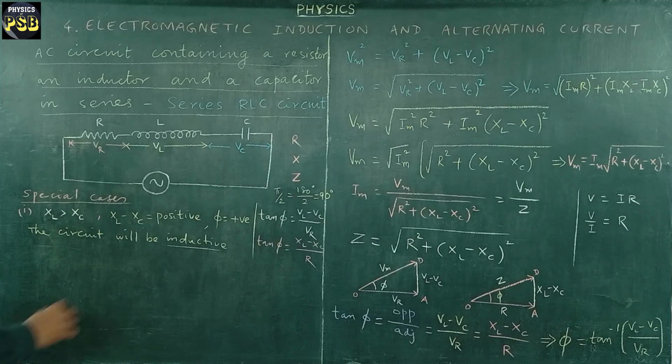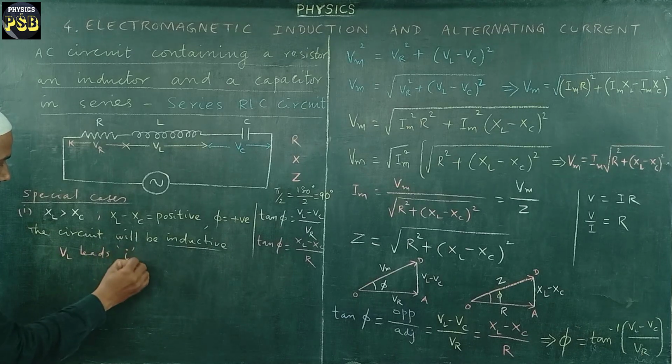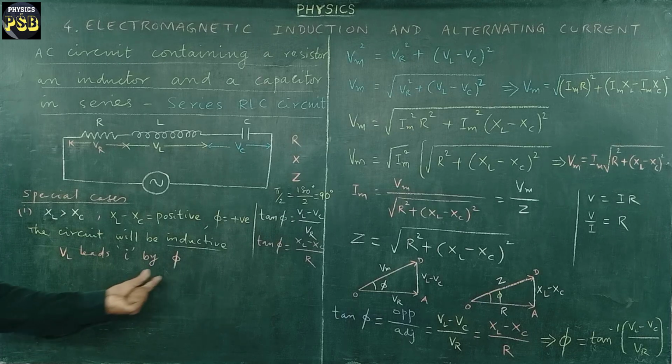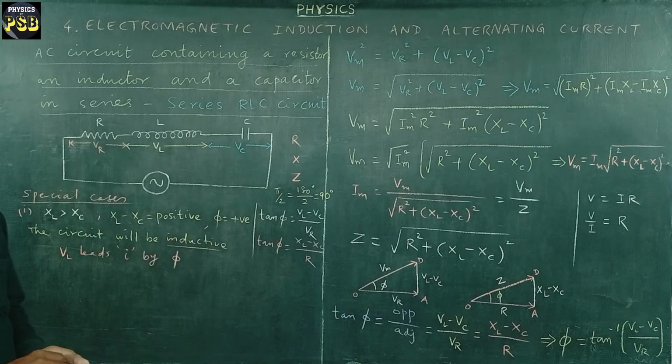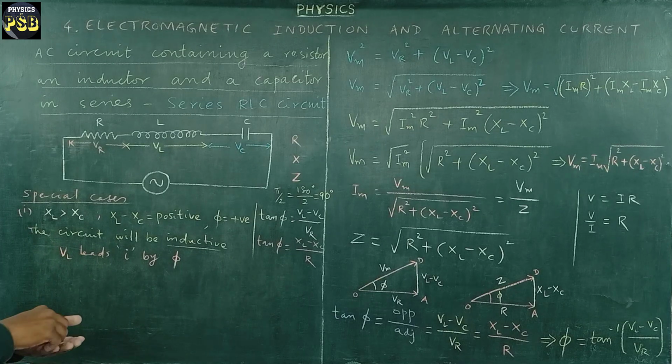Now, when the given circuit is inductive, we know very well that voltage leads the current by angle phi, because it is positive. So how do we represent current and voltage?